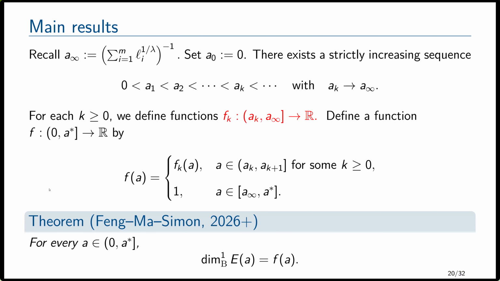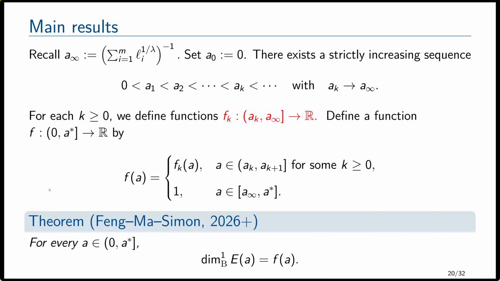It also implies that the lower box dimension of the projection set is equal to the upper box dimension of the projection set almost everywhere, since this value is the box dimension of the projection set almost everywhere, since it is a constant almost everywhere.